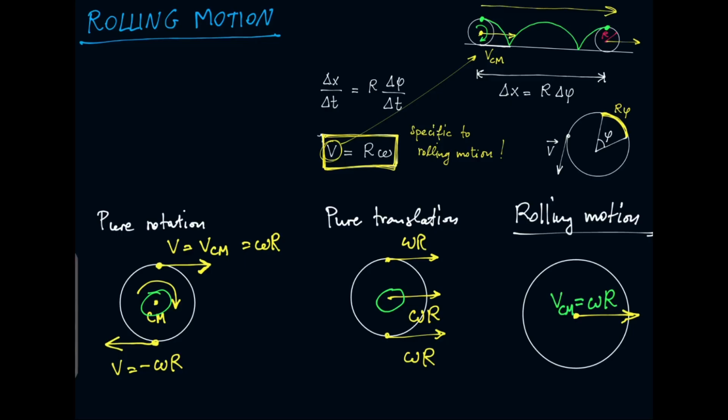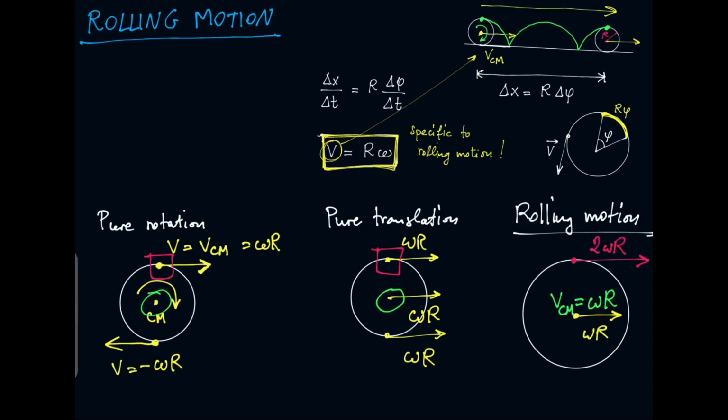The point at the top is moving with the velocity due to rotation, omega r, plus the velocity as a result of translation, omega r. So that's twice. Maybe I'll try and make this drawing a little nicer. So this 2 omega r for the point at the top.